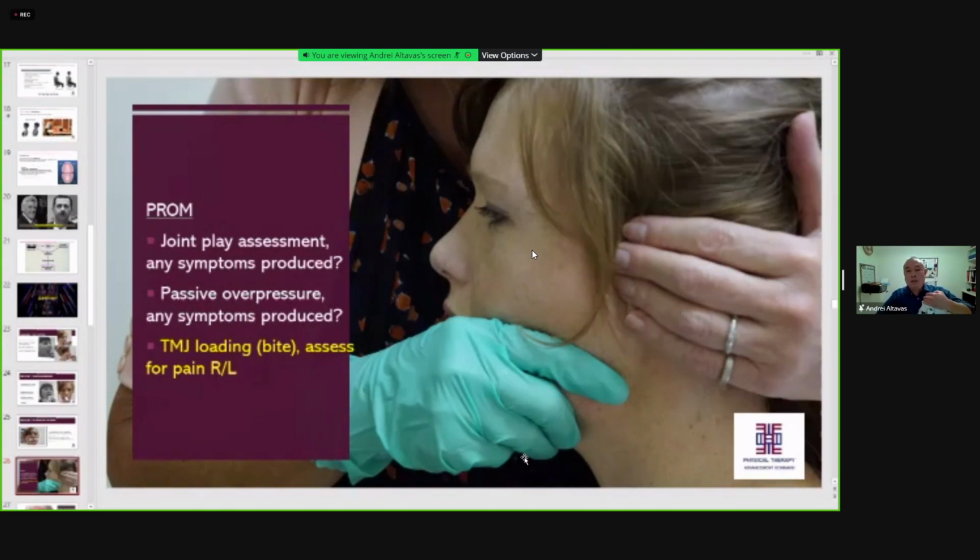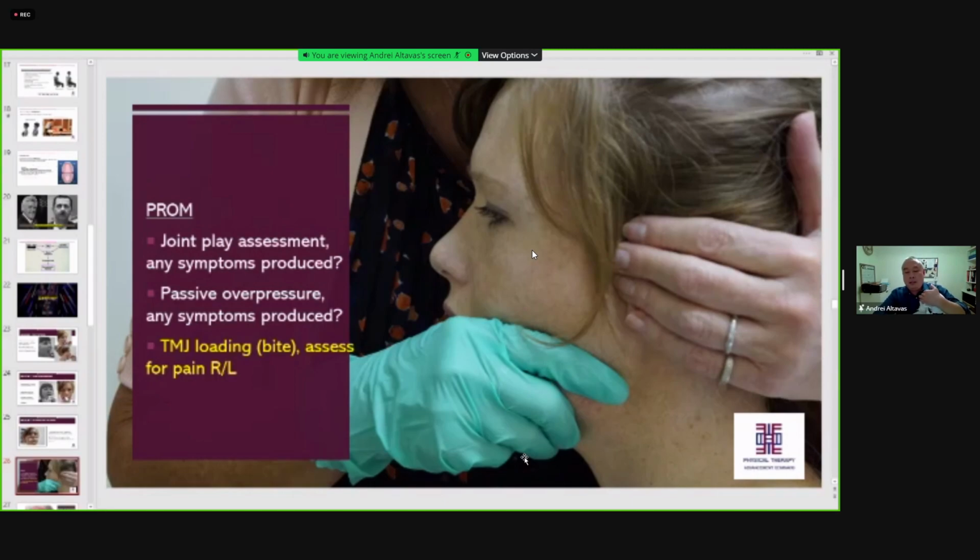When you do the joint assessment, have them open their mouth. My model here is a spring-loaded jaw model, so I need to separate it to show you. Put your thumb in, slide it in, and then to do a joint play assessment, you can distract the joint.